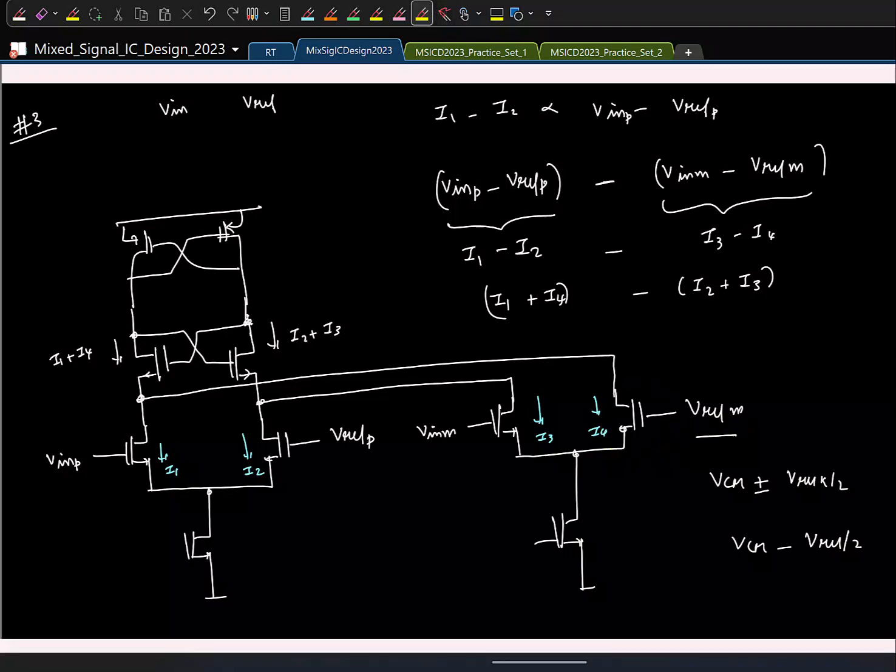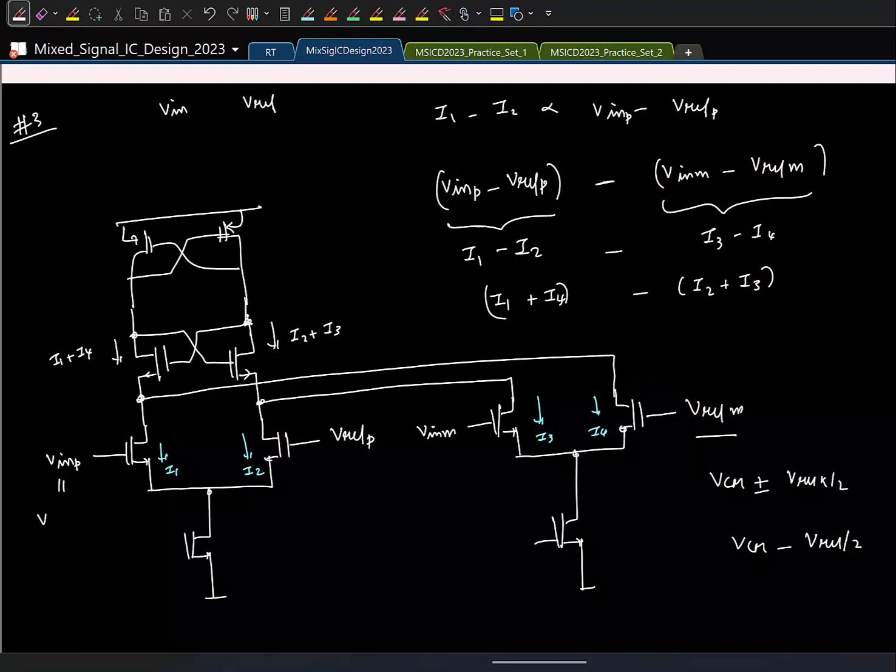And also, if you see here, ideally we want input to be applied as VCM plus a delta V by 2, and this guy is the same VCM plus kth reference by 2. Now here we have assumed both common modes to be the same, right? But if they are not the same, that could happen because the input is coming from the previous stage.